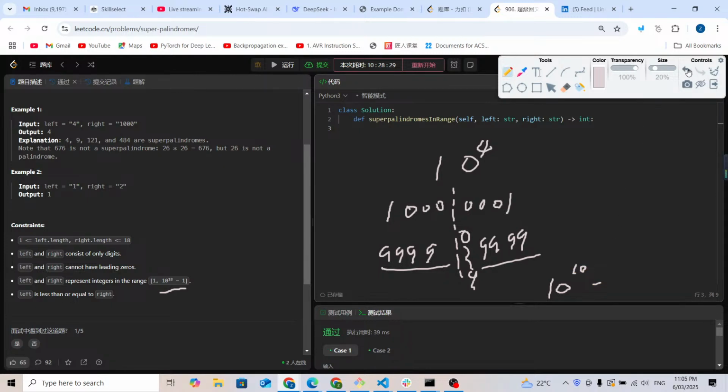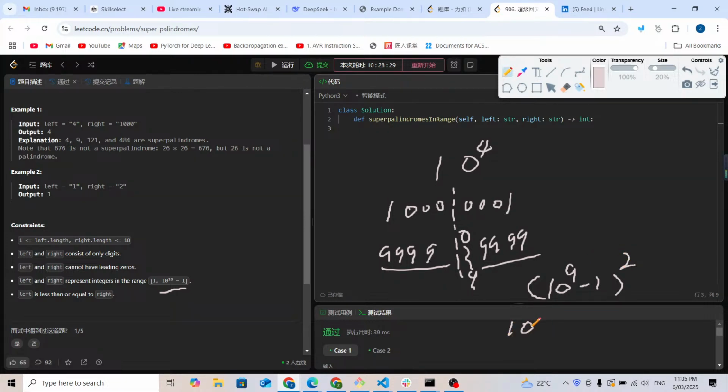Let me calculate it right. Yeah, because it has 9, 9. So how many 9s? If there's one 9, it is 10 to the power of 1 minus 1. But if it is 9, 9, it's going to be 10 to the power of 9 minus 1. And then we're going to check the square root of this number. So what is going to be the square root of this number?